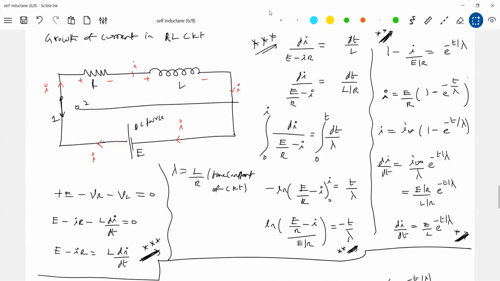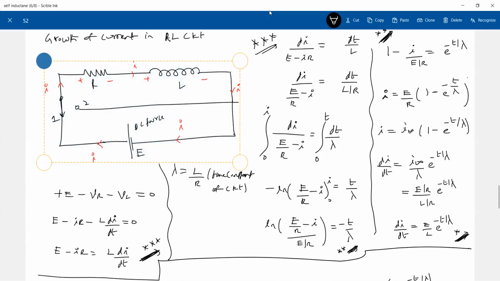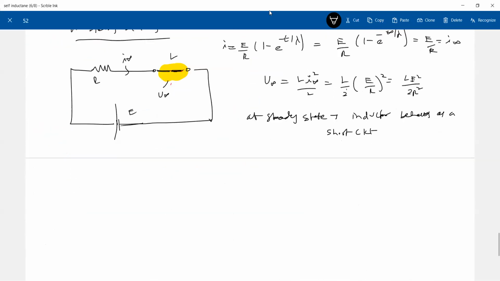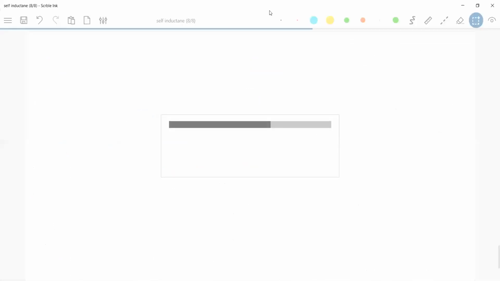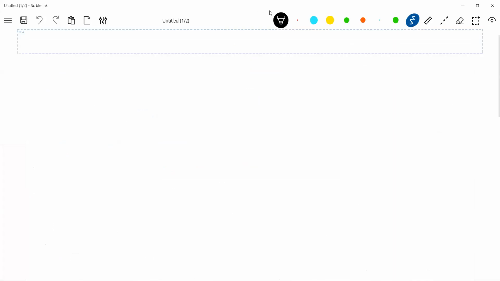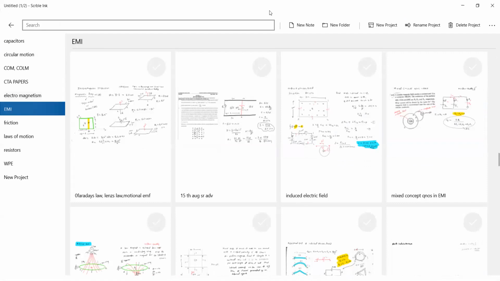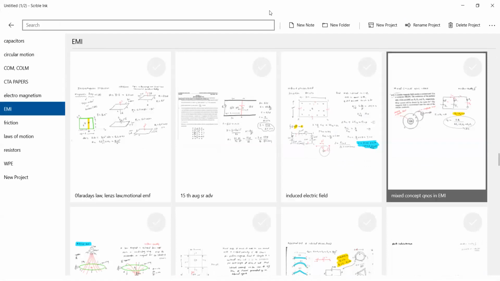I'll take this diagram and paste it there, where we have the inductors.